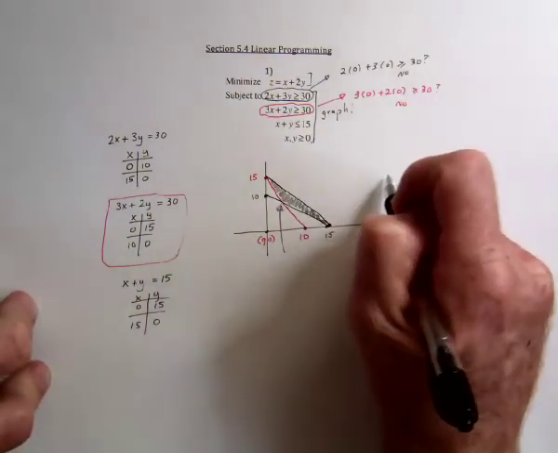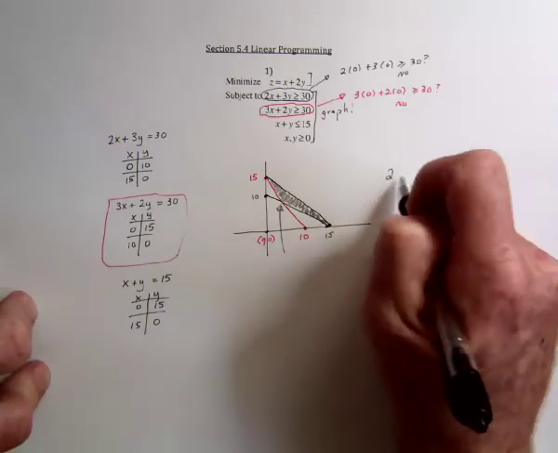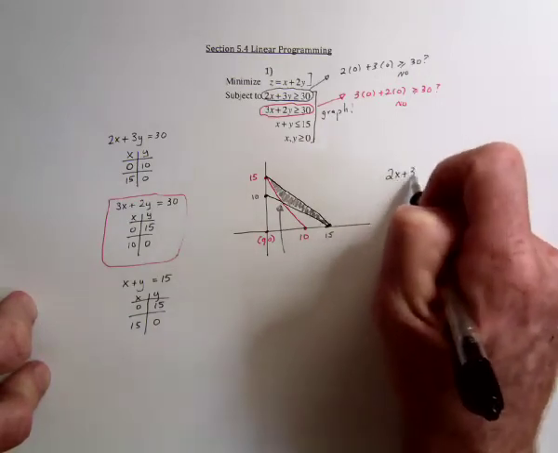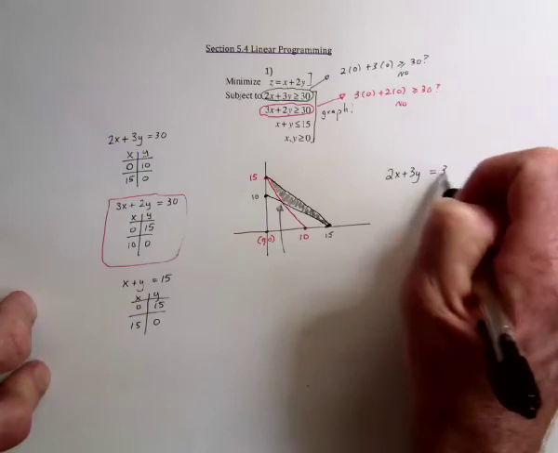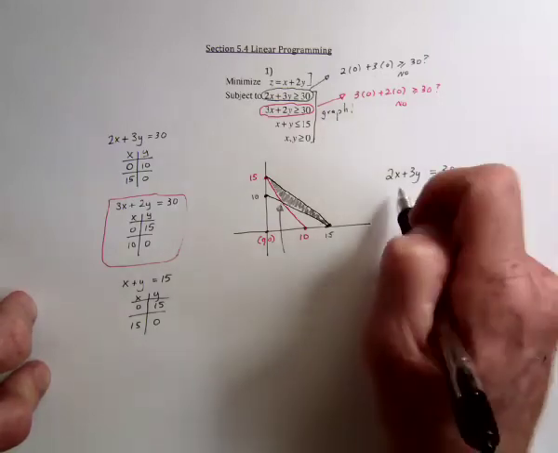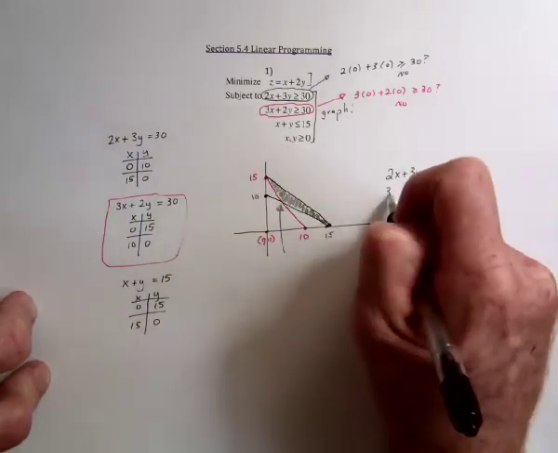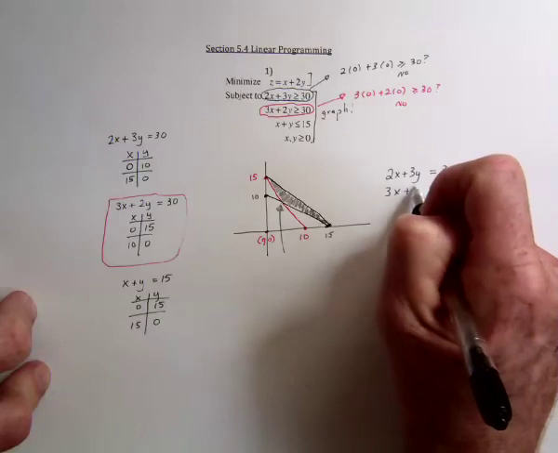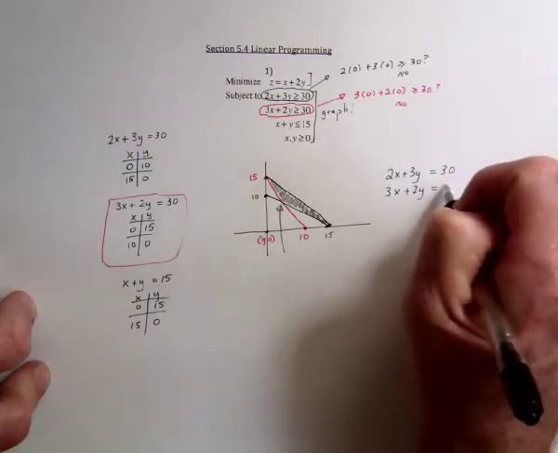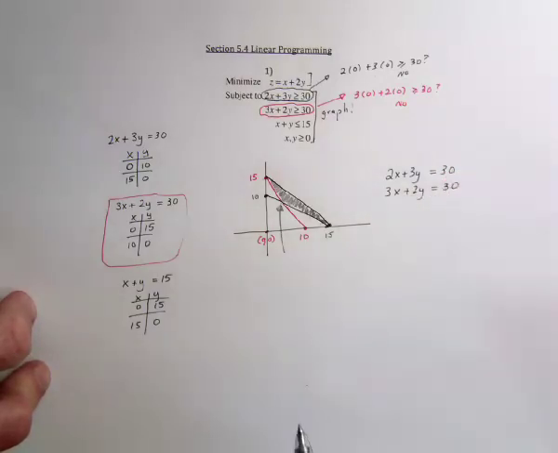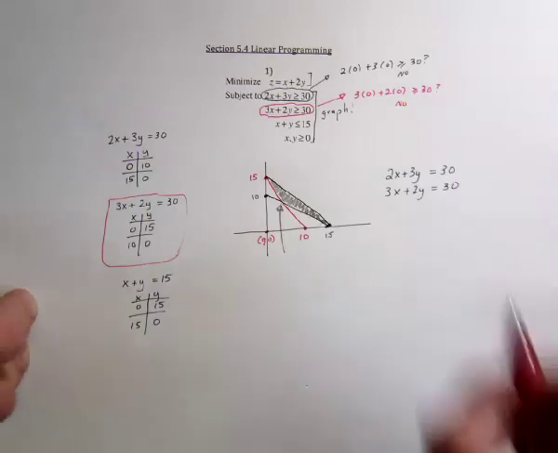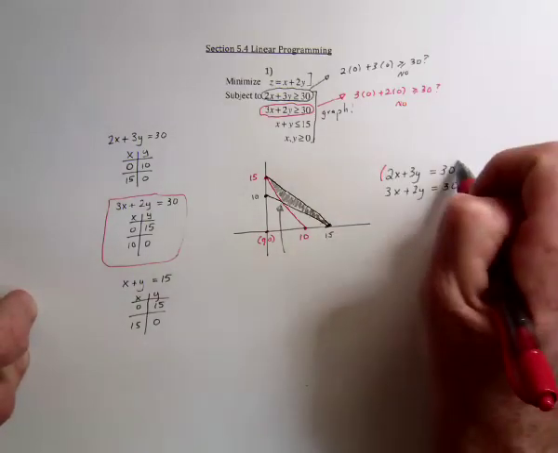So now we need a system of equations: the black line 2x plus 3y equals 30, and this one 3x plus 2y equals 30. Where do they intersect? And for this, I believe I'll use elimination of the x's.